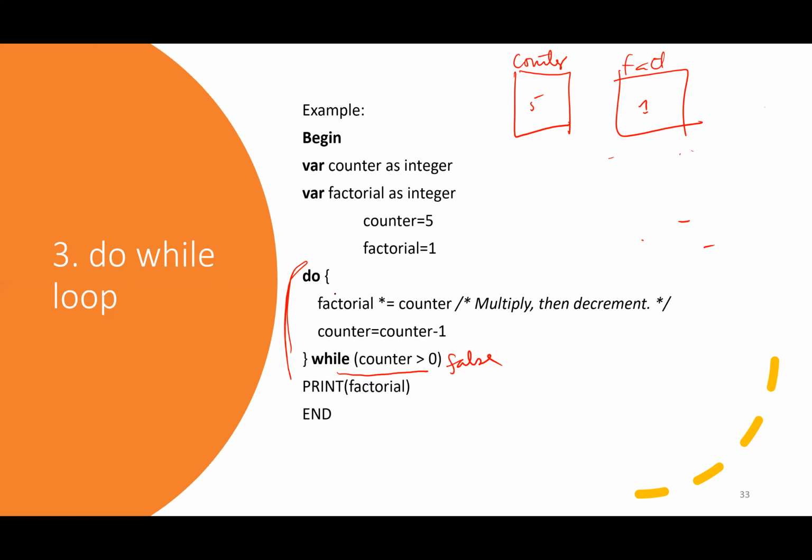Now do: store in factorial, the factorial times counter, which means factorial is going to store 1 times 5, which is 5. Now in factorial we have 5. Then we decrease counter by 1. Now we have 4.